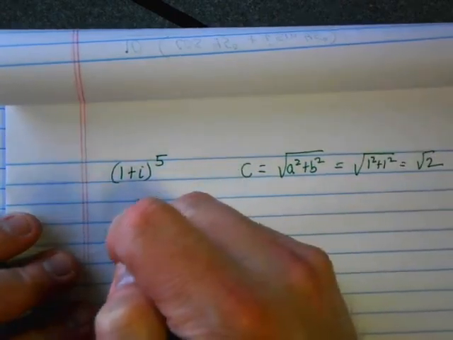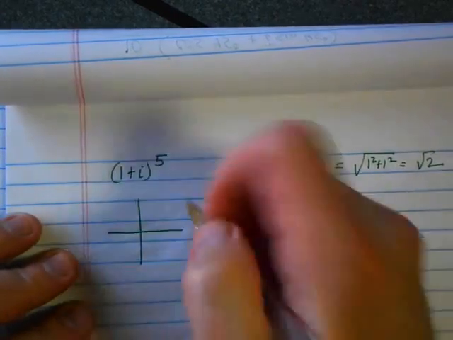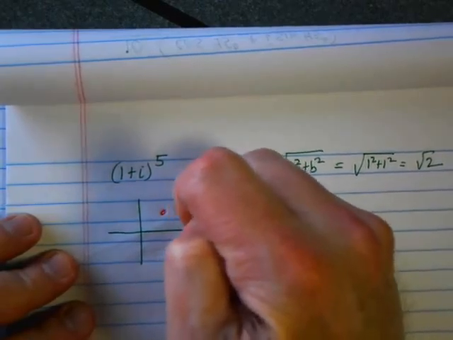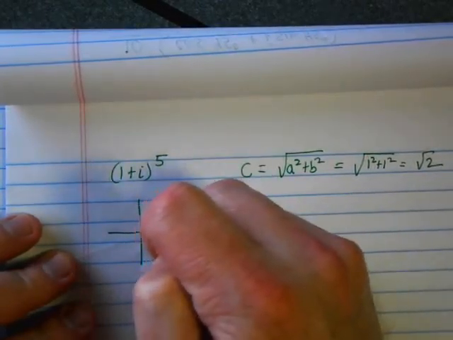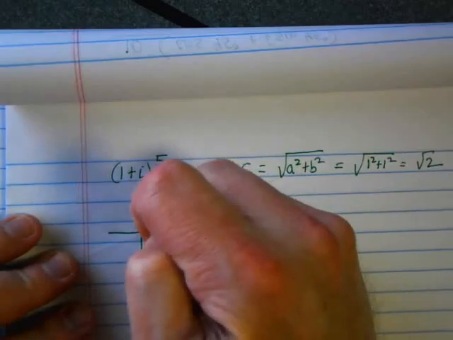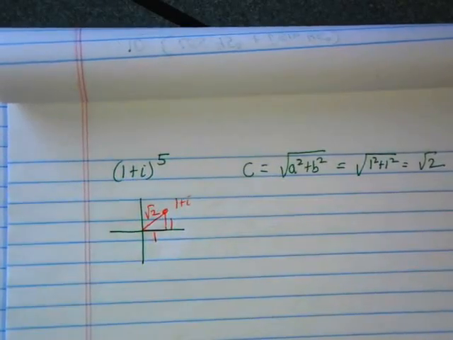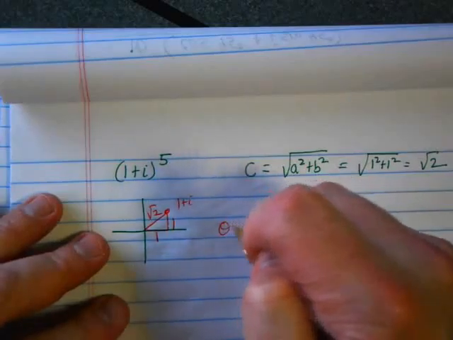Draw my picture here. 1 plus i is right there, which means this is 1, this is 1, this is square root of 2. We should recognize that is one of our fancy angles that happens to be 45 degrees. Theta is 45 degrees.